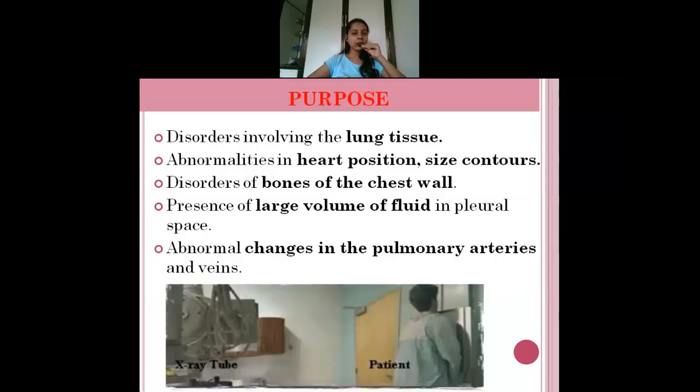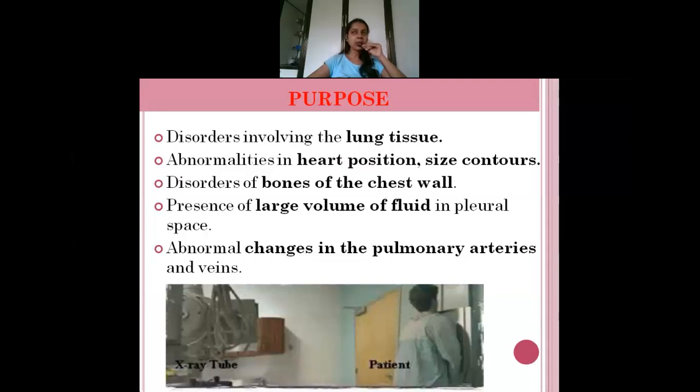Along with that, disorders of the bones of the chest wall can also be detected. Or if there is fluid in the pleural space, like to know about pleural effusion, hydrothorax or hemothorax, we perform a chest x-ray.